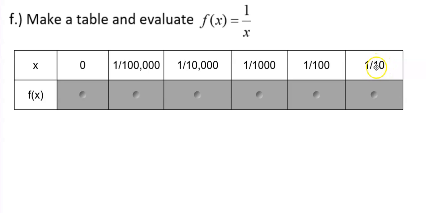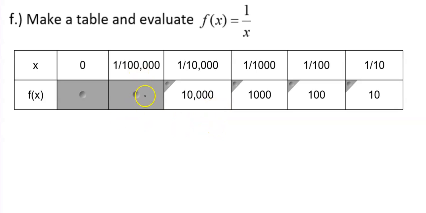Let's take a fraction, 1/10. 1 divided by 1/10 is 10. 1 divided by 1/100 is 100. 1 divided by 1/1,000 is 1,000. 1 divided by 1/10,000 is 10,000. 1 divided by 1/100,000 is 100,000.